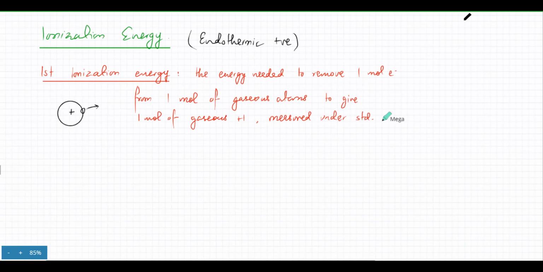This is known as the first ionization energy, where you're trying to remove the first electron from an atom.